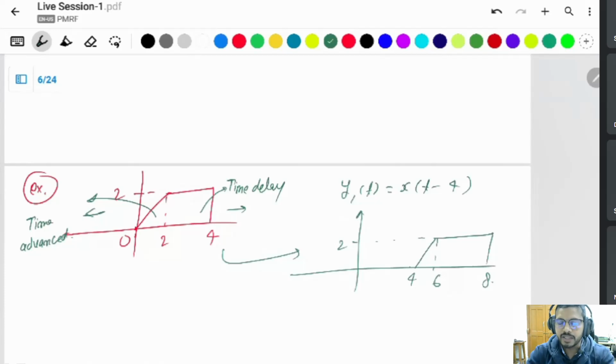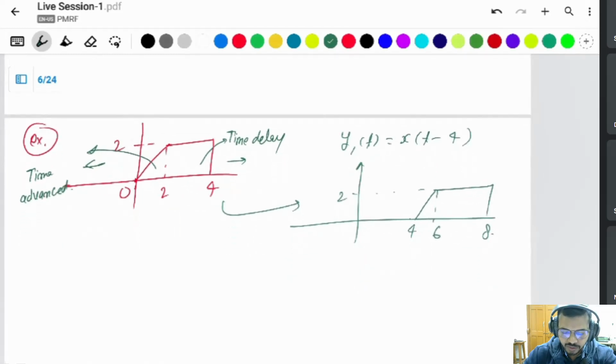In any operation, if you do the x-axis operation, then the y-axis is never affected, and if you do the y-axis operation, the x-axis is the same. There is no effect on the other axis. That's why the height 2 stays 2.